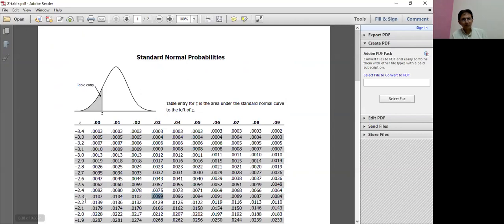0.0099. So it means, student, minus 2.33, minus 2.3 plus 0.03, so it means minus 2.33, 0.0099 is present in this form. So the answer is from the z table. We will move back.